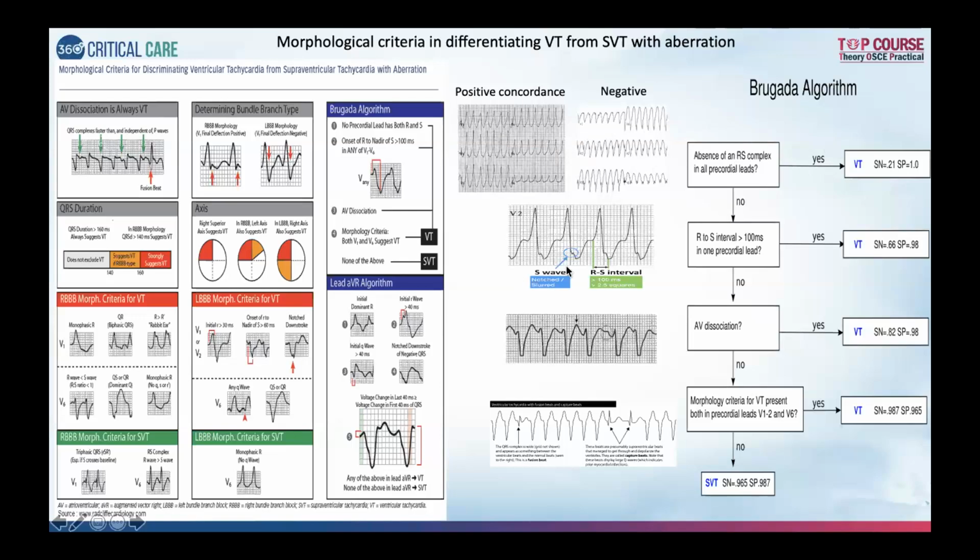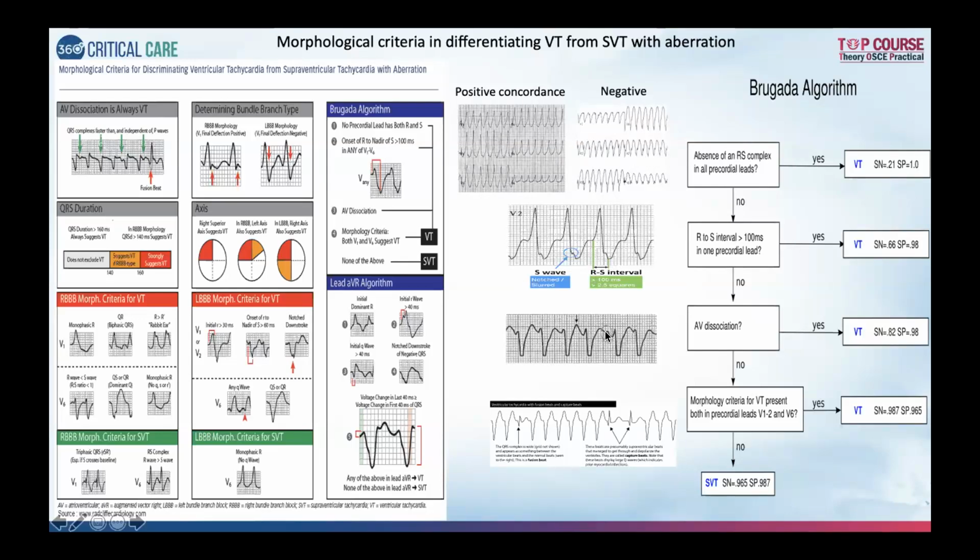Sometimes you might have this kind of a pattern wherein here you'll have to check. So if you don't have this proper absence of RS complex, then if you are looking into some ECG which looks like this, you look into the RS interval. Okay, if the RS interval is more than 100 milliseconds, then you're dealing with VT.